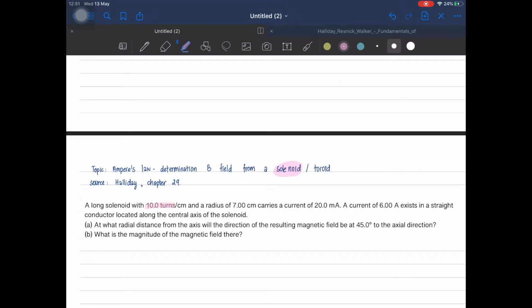We can see the turns of the solenoid and the radius. But then there are two currents, which starts a confusion, because normally there's only one, but in this case there are two currents, in milliamperes and amperes.